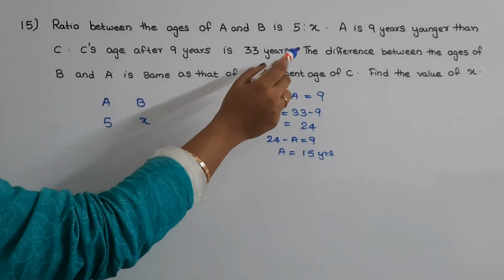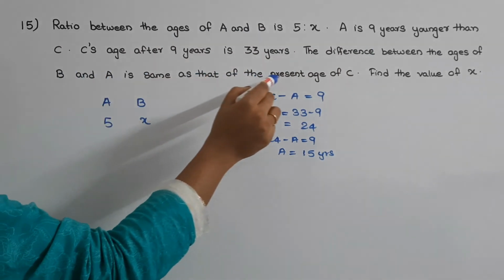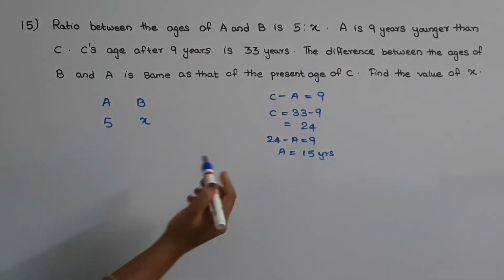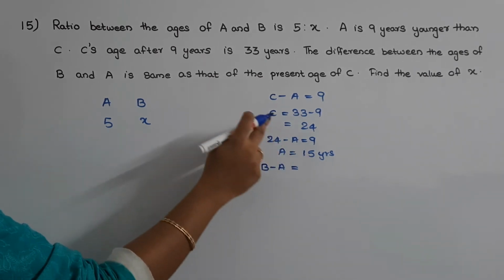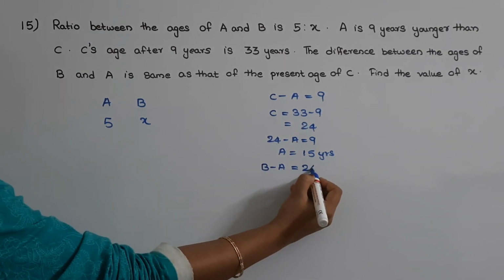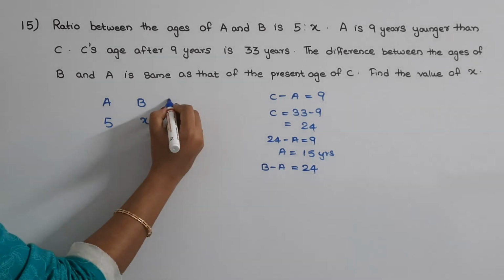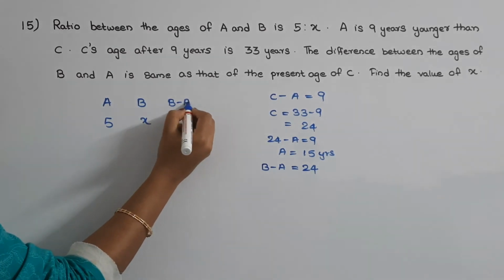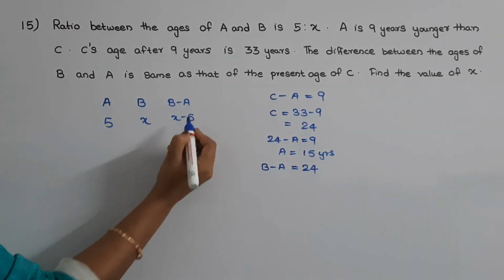Then they are telling that the difference between the ages of B and A is same as that of the present age of C. The difference between the ages of B and A is equal to the present age of C. The present age of C is 24. So, the difference between the age of B and A is 24. Now, let us find out the difference between the ratio of the ages of B and A. That will be X minus 5.